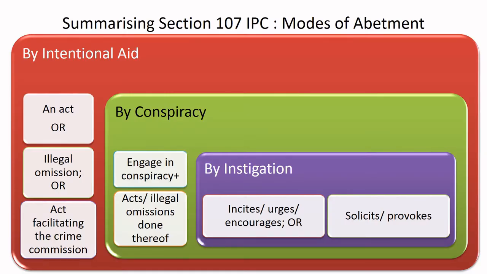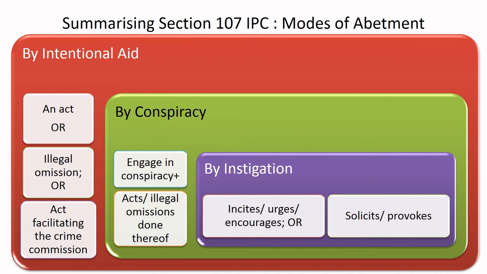Before we jump into today's lecture, let us quickly revise the various modes of abetment provided in section 107 IPC. There are 3 kinds of abetment provided in the provision, which are abetment by instigation, abetment by conspiracy, and abetment by intentional aid. Instigation means to incite, provoke, encourage, etc. And abetment by conspiracy is engaging in conspiracy.